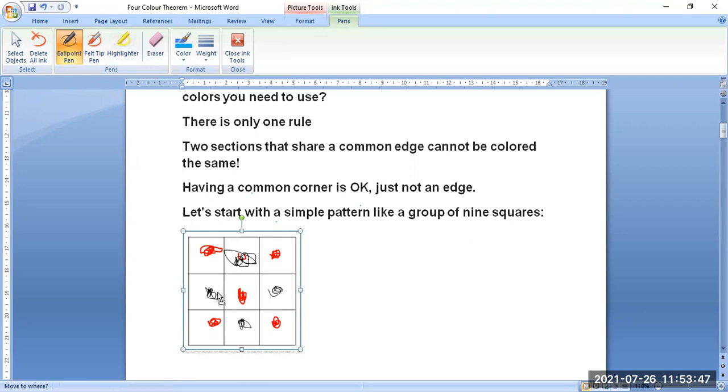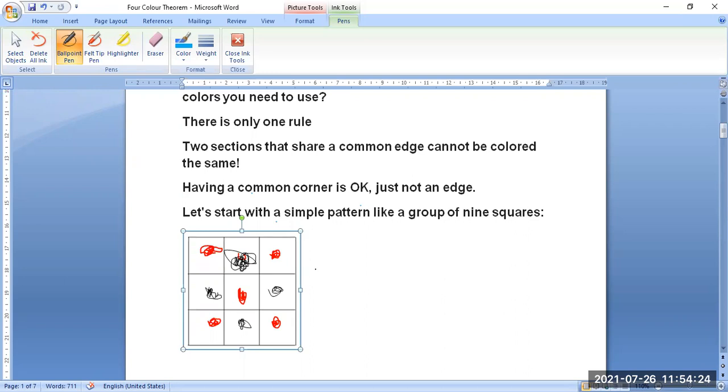Is this coloring okay? Look at here. These two adjacent, this is red, this is black. Again, this is black, this is red. Black, red, black, red. For this red one, the left side is black, right side is black, upper side is black, lower side is black. For this black one, there are three parts adjacent to it, and these all are red. So here only two colors are required.